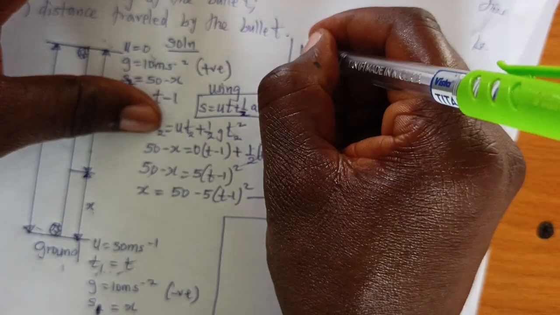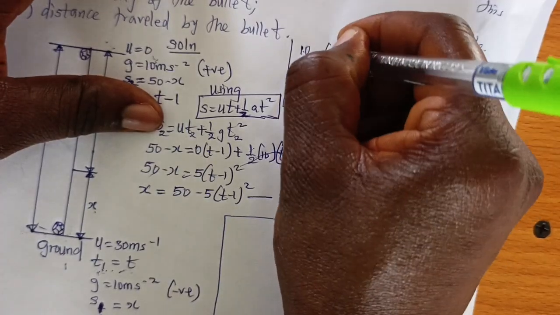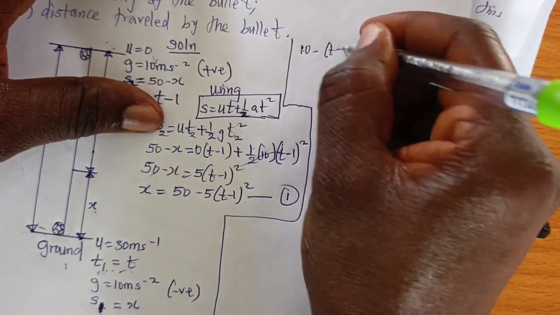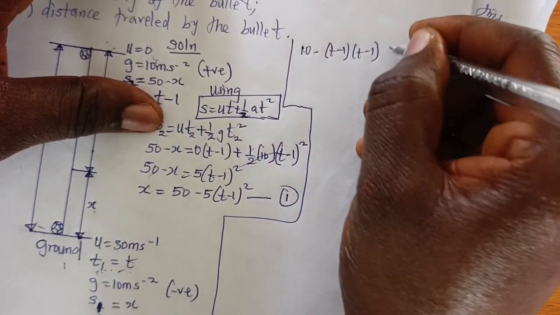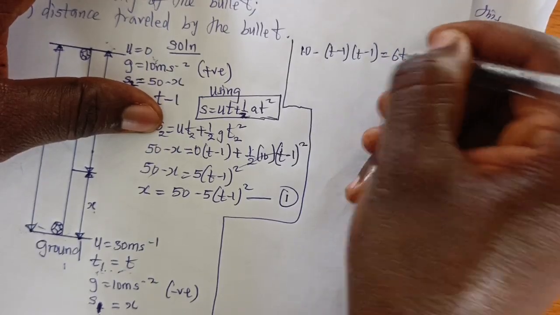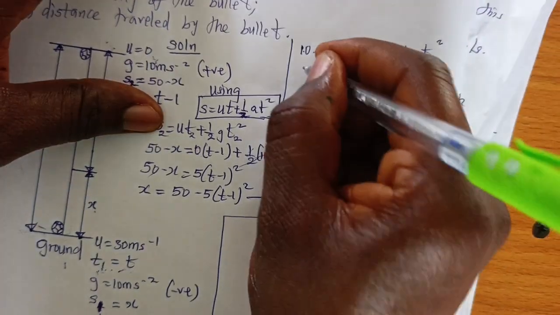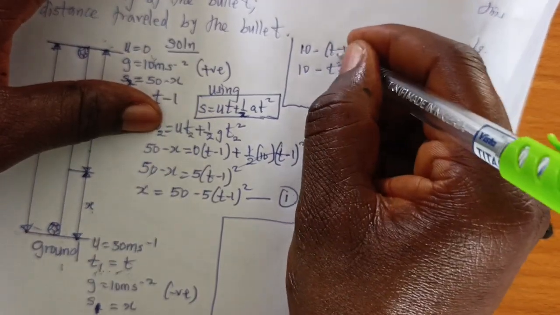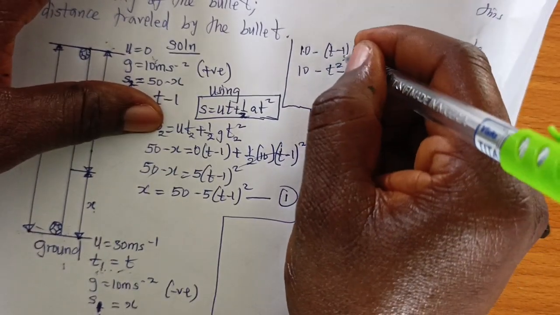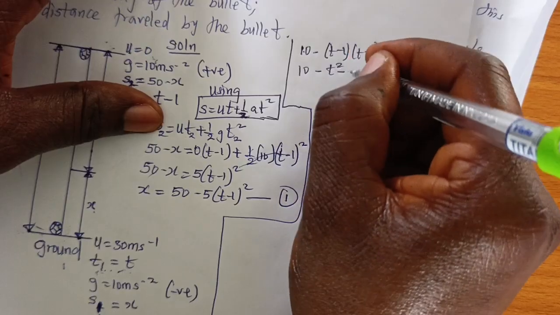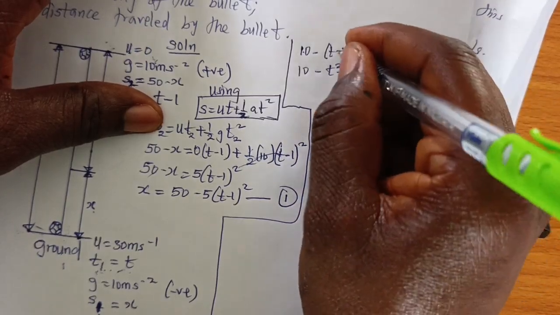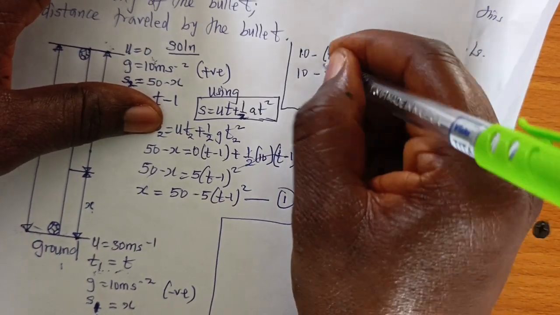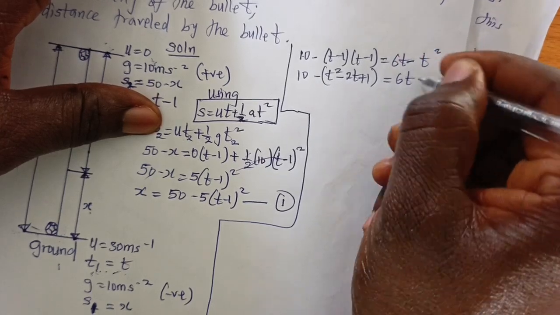Now we have 10, then minus (t minus 1) times (t minus 1). That is (t minus 1) squared equals 6t minus t squared. That will be 10 minus, let's open bracket here, we have t squared minus t minus t, that will be minus 2t. Minus 1 by 1 will be plus 1. Then equals 6t minus t squared.